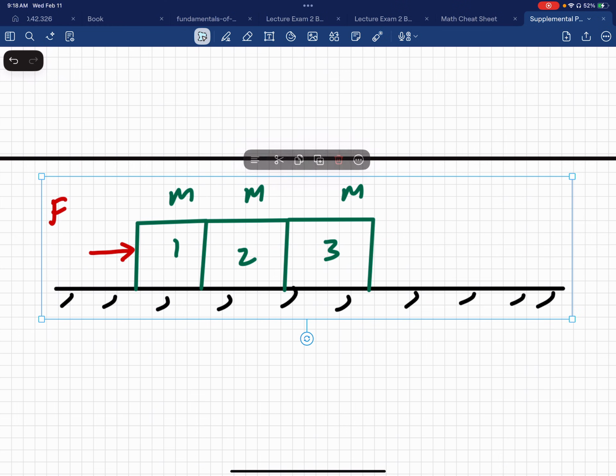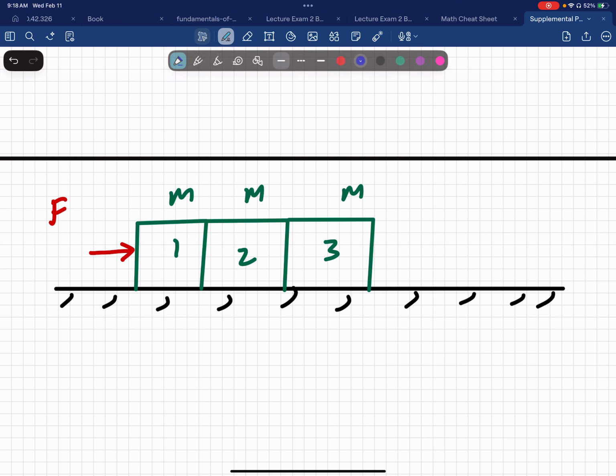First of all, the obvious are the normal forces. So the normal forces are this, for the first one, n1 vector, and the weight for the first block.